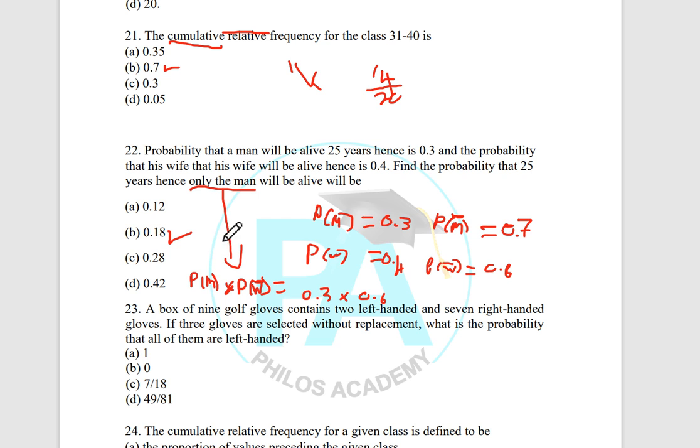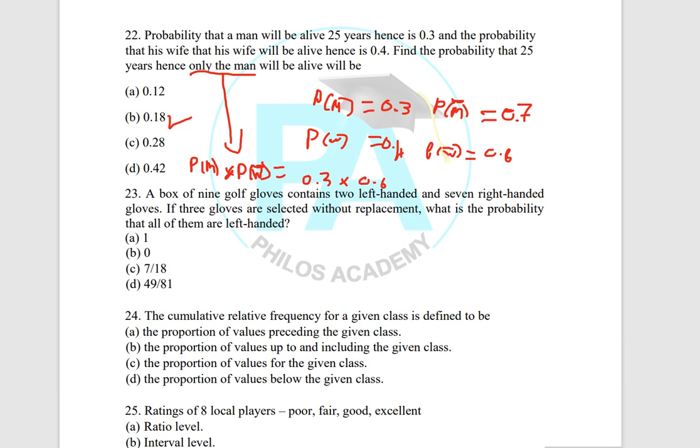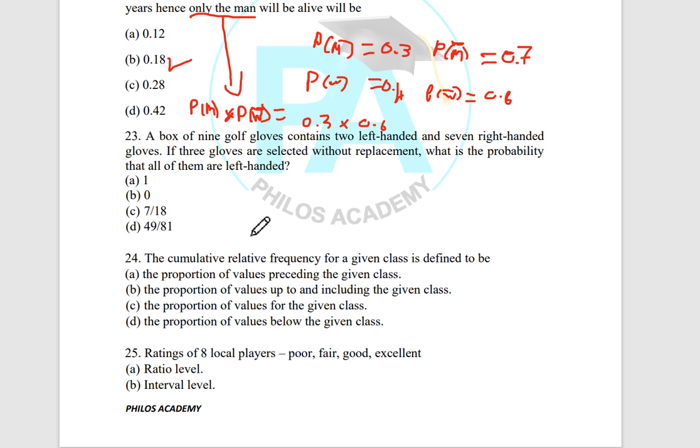Okay, so let's proceed to question 23. Interesting, right? Question 23 says, a box of 9 golf gloves contains 2 left-handed and 7 right-handed gloves. If 3 gloves are selected without replacement, what is the probability that all of them are left-handed?